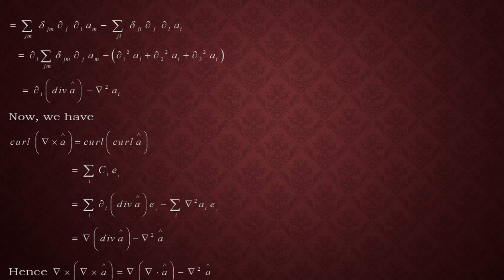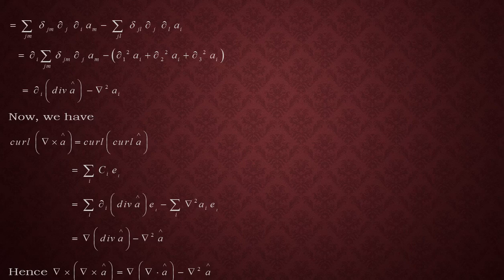The first summation is nothing but the gradient of div a. The second summation is nothing but the Laplace operator applied on a. So we obtain curl of curl a equals gradient of div a minus del square a.